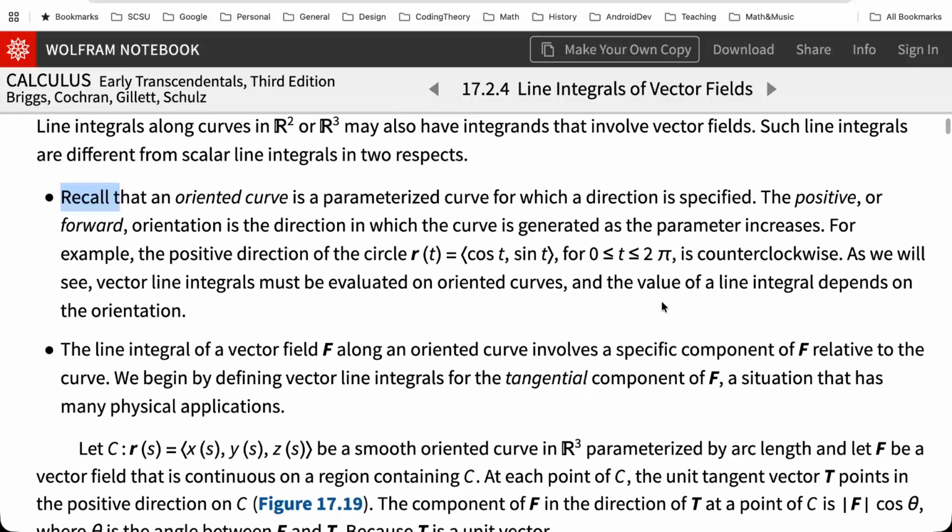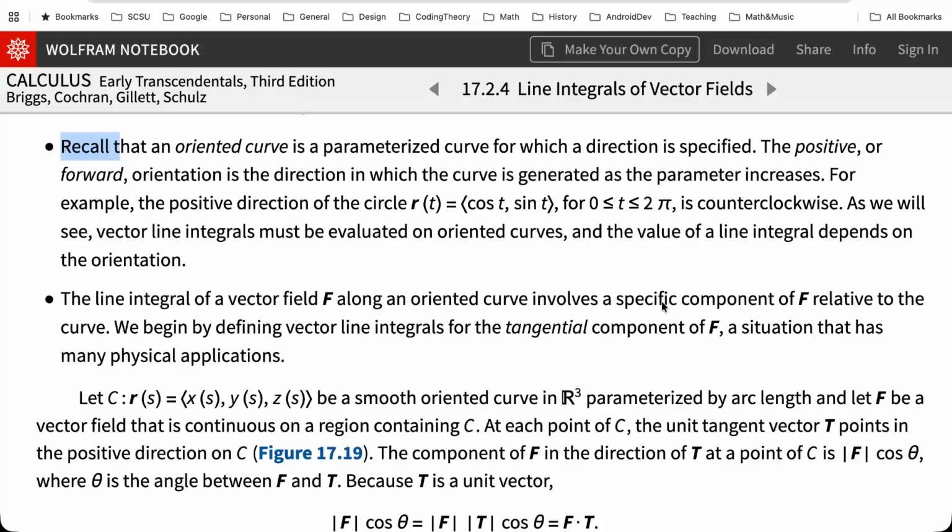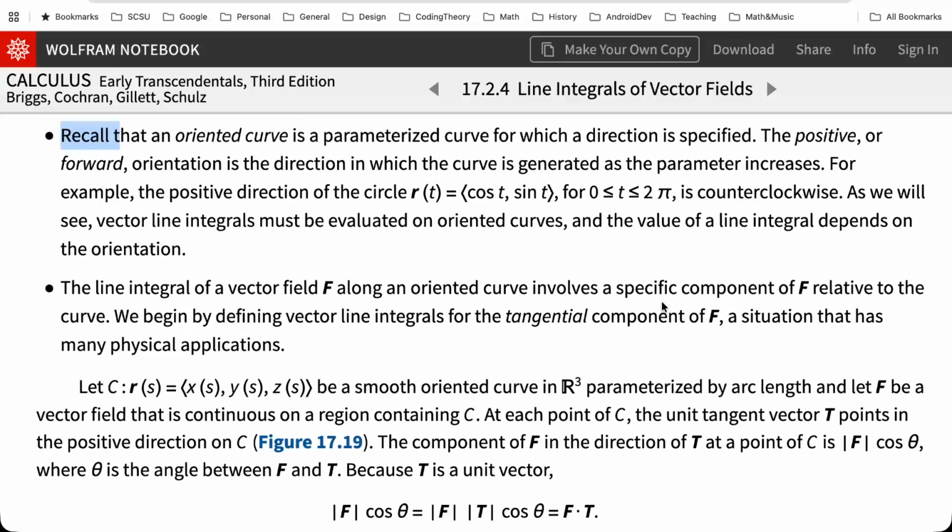We've got to watch out that we really take the direction of the curve into account when we want to do a line integral of a vector field along an oriented curve. Well, the vector field isn't so bad. This is a function of x and y, and you just plug in the x of t, y of t.